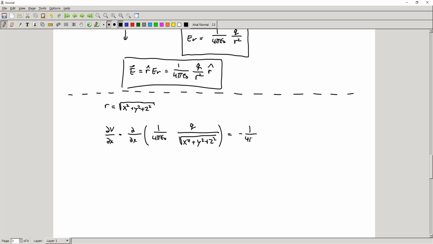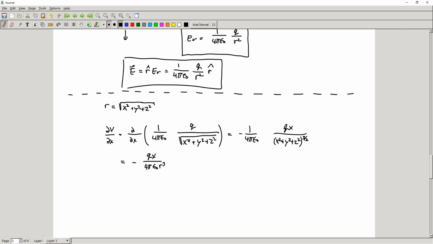You're going to end up finding 4 pi epsilon naught, and you're going to have a qx on top, and in the bottom you're going to have x squared plus y squared plus z squared to the 3 over 2. You can clean this up by substituting back in for r, right? So you end up finding that this is negative qx over 4 pi epsilon naught r to the 3rd, okay?